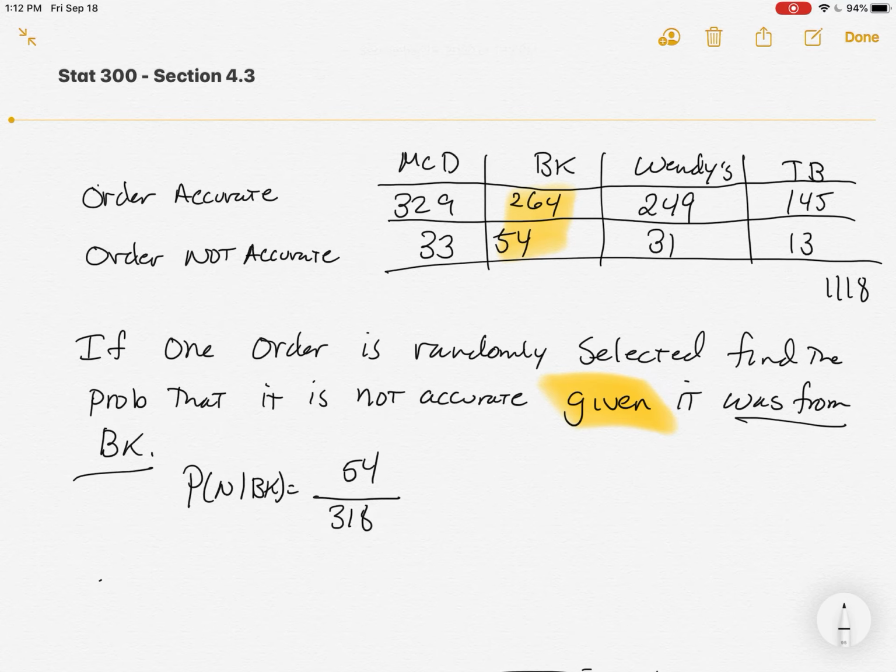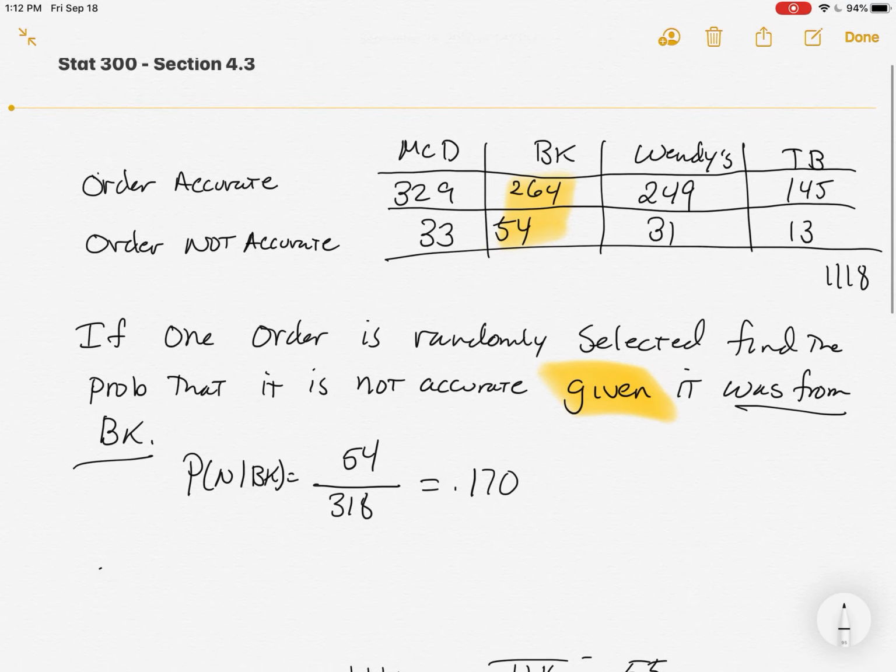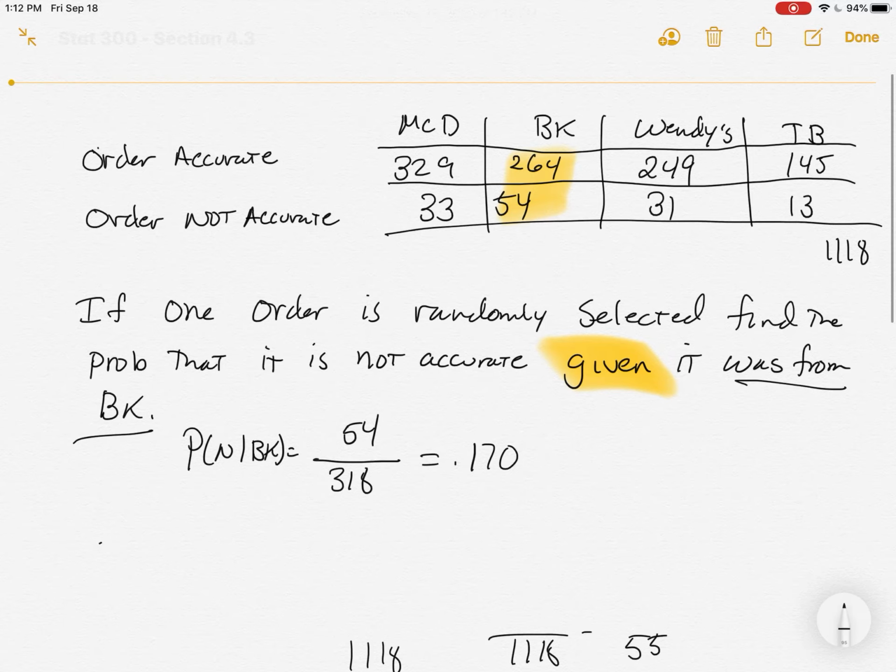And we would take the 54 and divide it by the 318 to come up with 0.1698. So if I round that, it would round to 0.170. So about 17% of all the Burger King orders were inaccurate.